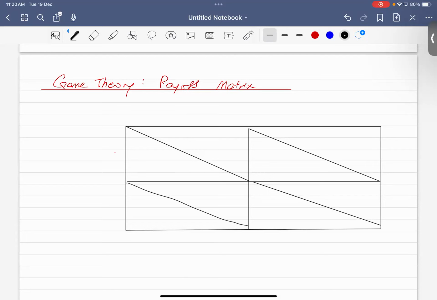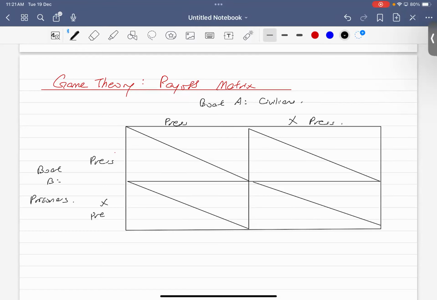You have both boat A and boat B. Boat A, say they are civilians, can choose to either press the remote control to explode the other boat, or choose not to press. Same thing for boat B, a group of prisoners. They can choose to press or not to press as well.